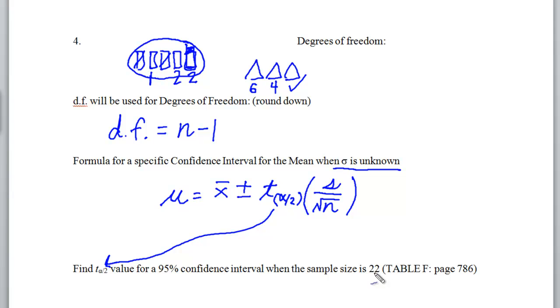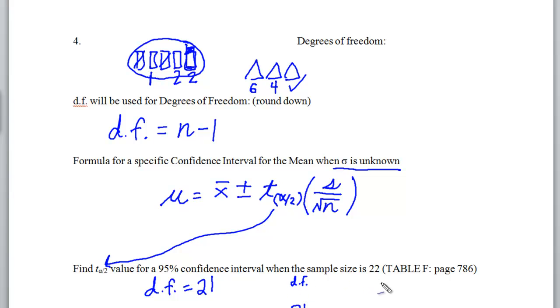Now, a common mistake is you're looking now at the left-hand side of that page 786, and you scroll down to the 22, and then move over to the 95. Don't do that, because your sample size is 22, but your degrees of freedom is only 21. So on the left-hand side, you're going to go down to 21, and that's going to be under our DF.